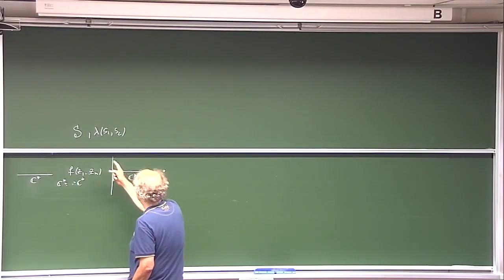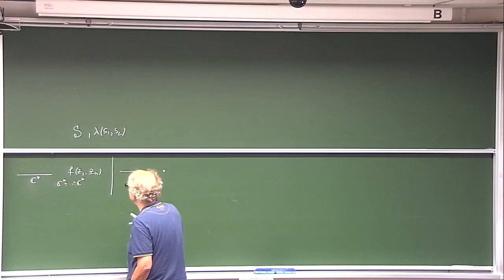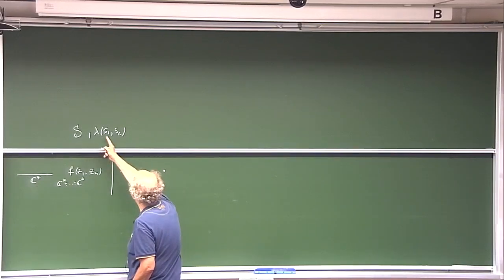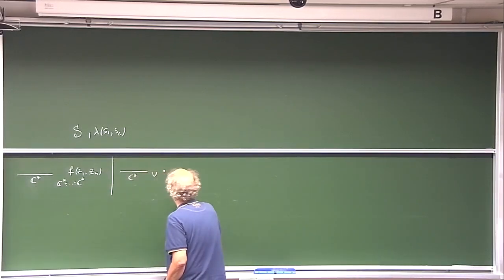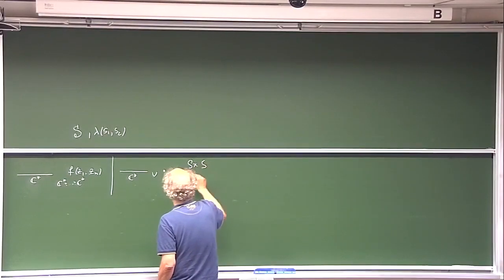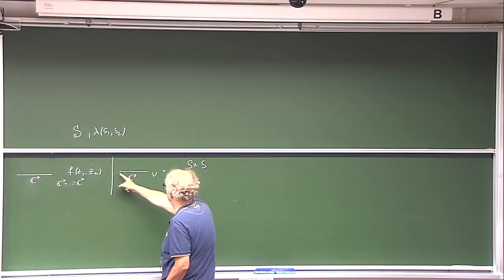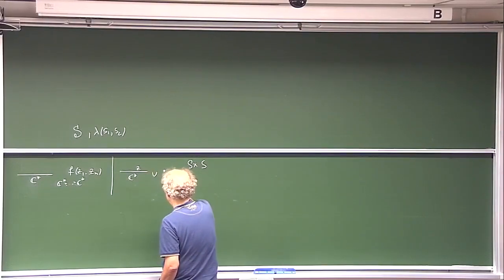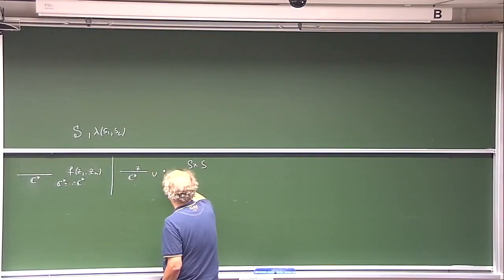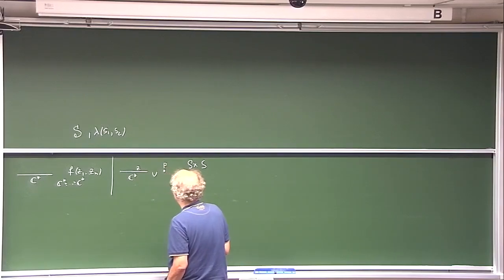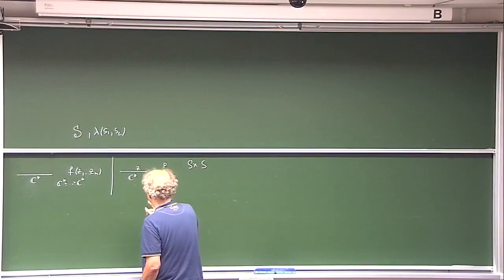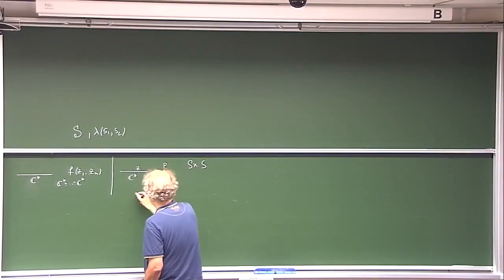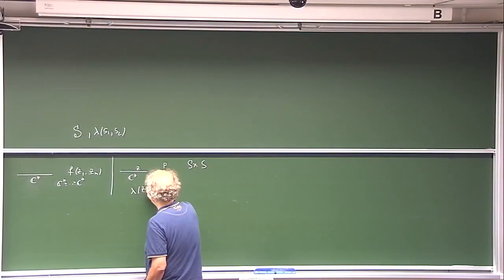Now S is C star plus one point, and we need a function on S times S. Well, what will be our notation? Z is the point here, and maybe P for this extra one. Now the function lambda of E1, E2 is the same.